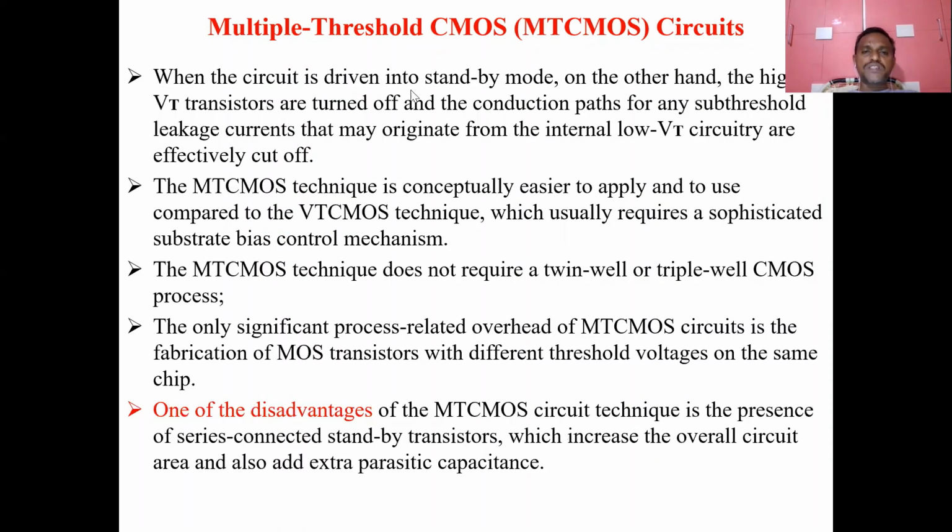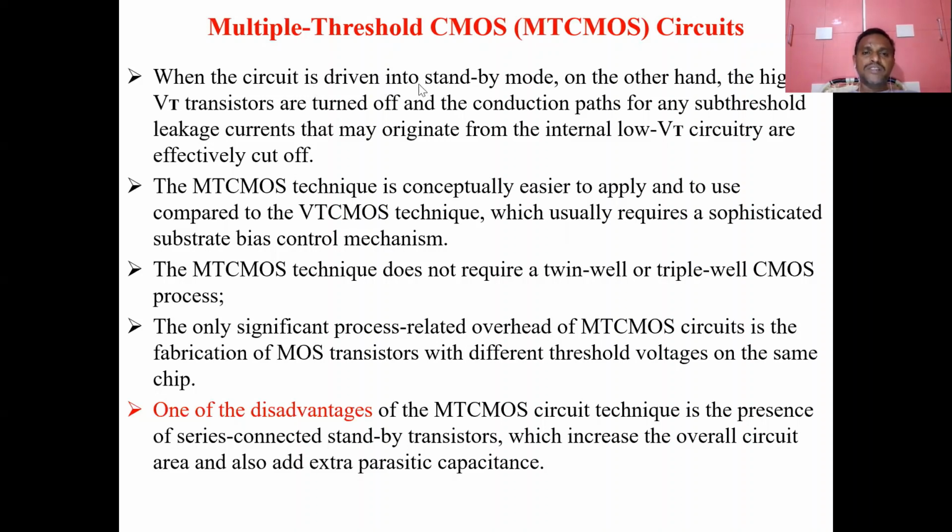Now, when the circuit is driven into standby mode, on the other hand, the high threshold voltage transistor, VT here, is nothing but the threshold voltage. That's why I'm talking about high threshold voltage transistors like that. Okay, VT represents the threshold voltage.